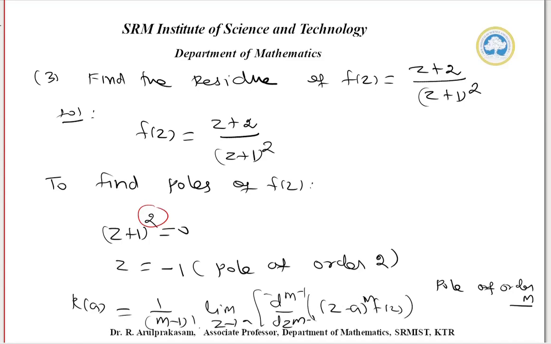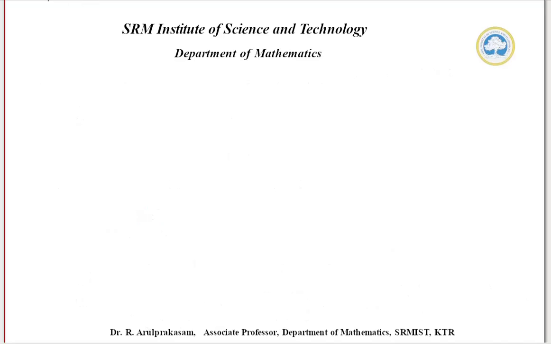We know that very well. Following this, I am solving this problem. Find the residue at a pole of order m, here m value is 2.